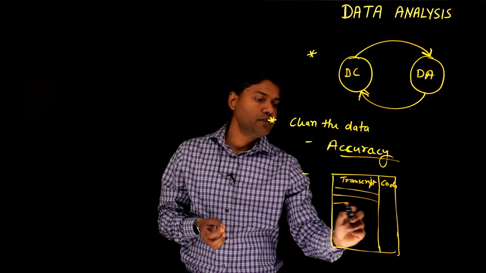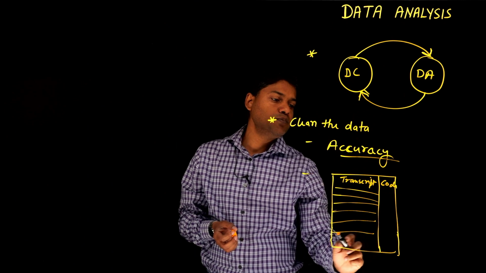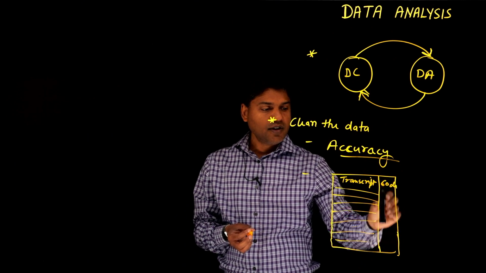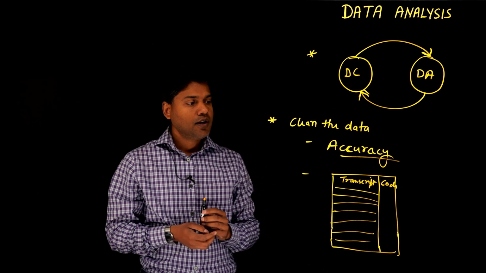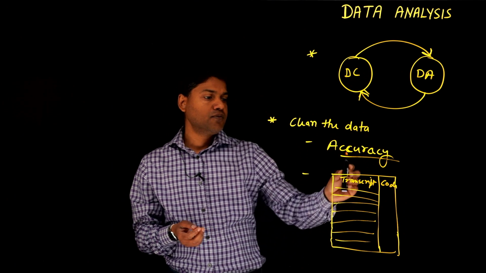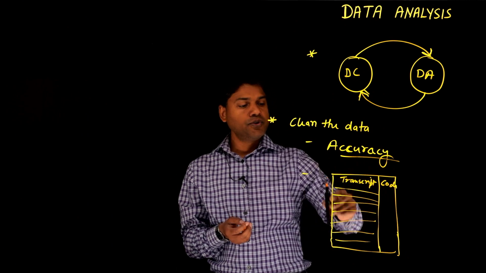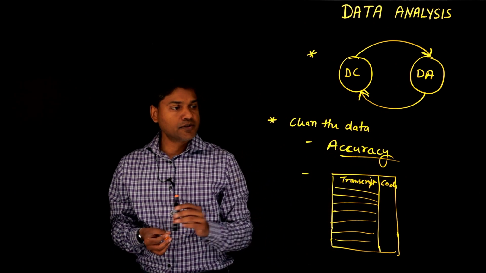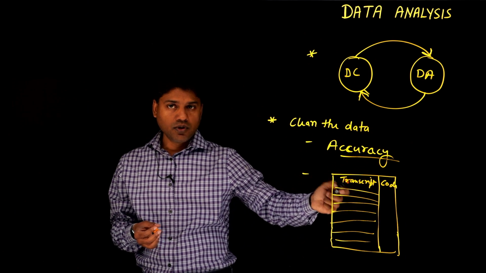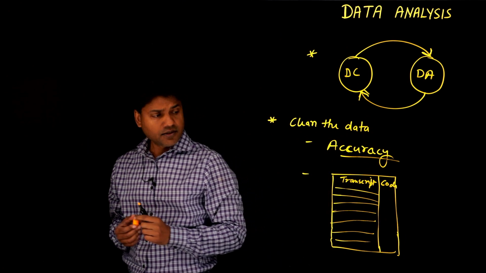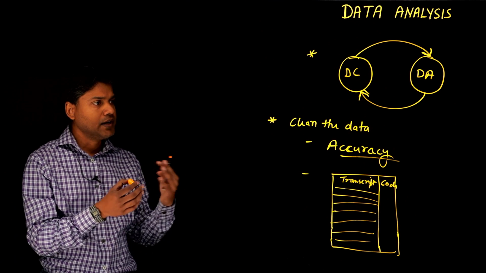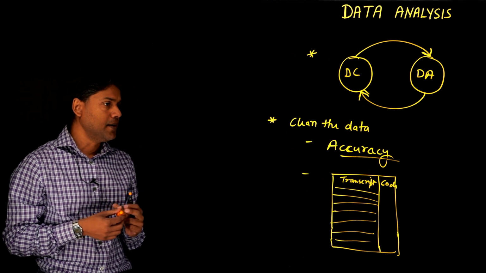So these are your interview transcript, and then you keep some space margin on the right side so that you could write your code. If somebody enjoys doing it on the left side, you can reverse it. So you can have margins on the left side and your interview transcript on the right side so that you could do the coding. So that's another thing about organization and cleaning the data.